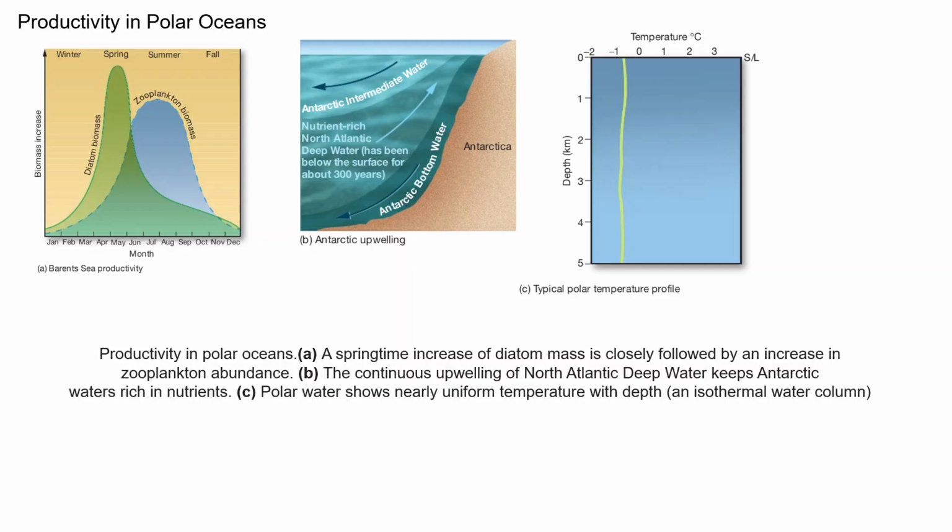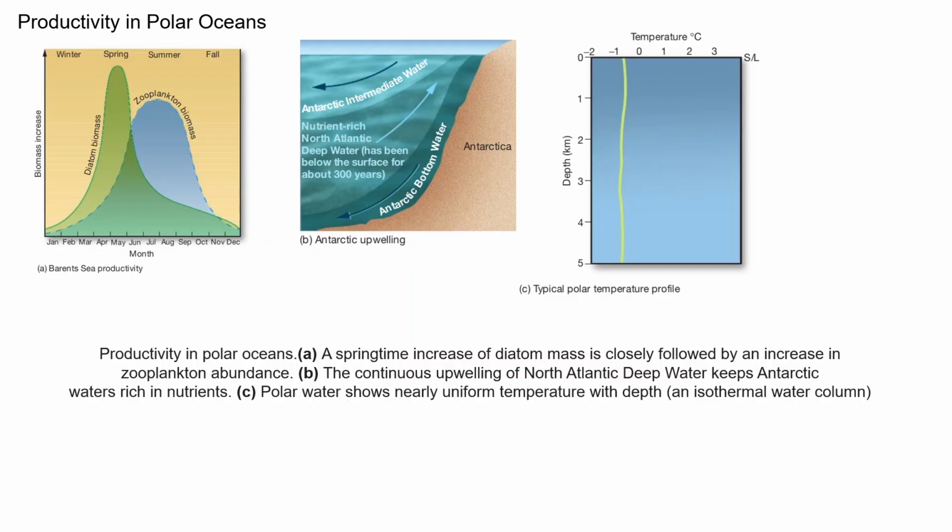So, for example, the tropical regions have a well developed permanent thermocline. So, in the tropical regions, the nutrient rich deeper waters do not mix with the surface waters. So, the nutrient availability in the tropical regions in the surface water is very low.